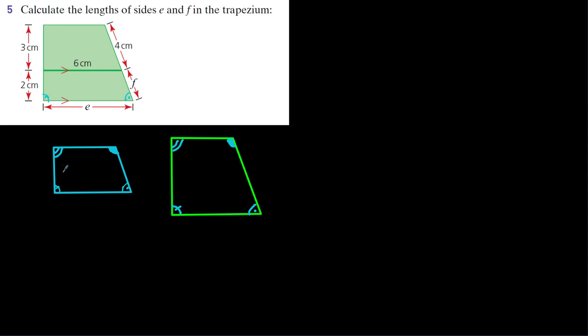Okay. Now, if they are similar to each other, and I know that the sides are 3, 6, and 4 here, because all the angles are the same, they have to be similar.